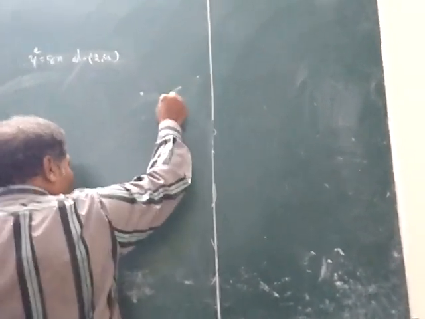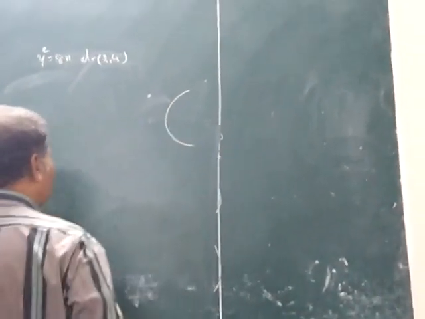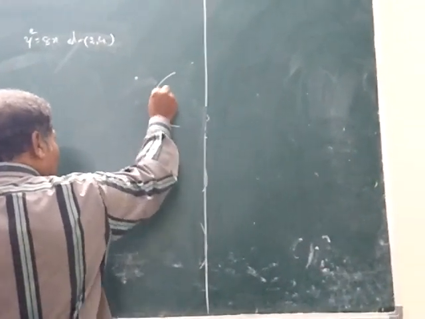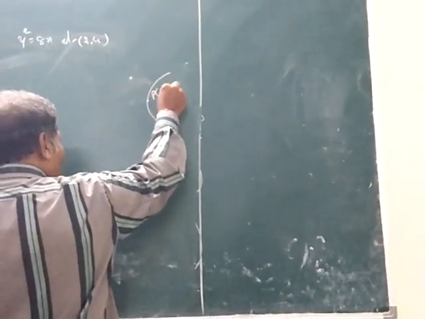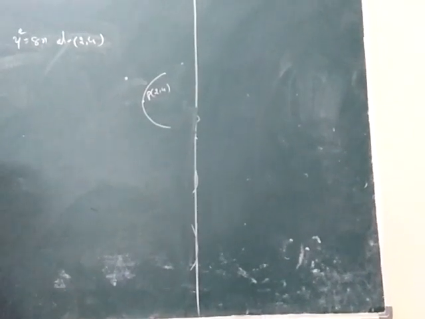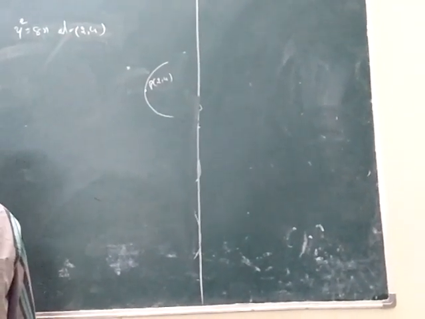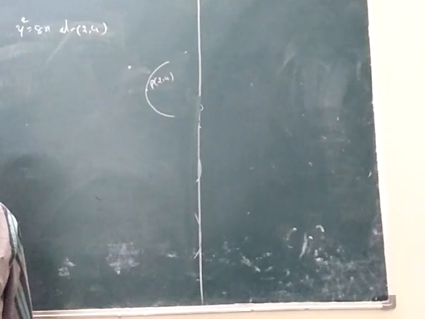Listen, this is the parabola equation, this is the given point. We need the equation of the tangent and the equation of the normal.